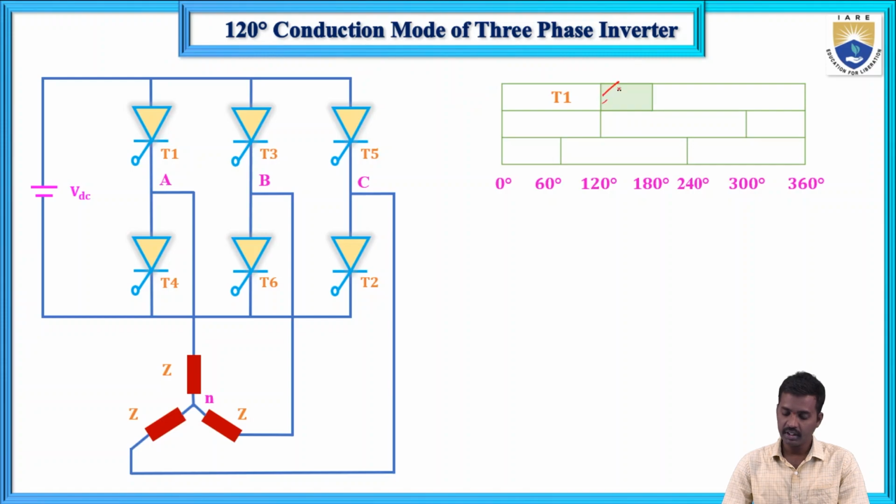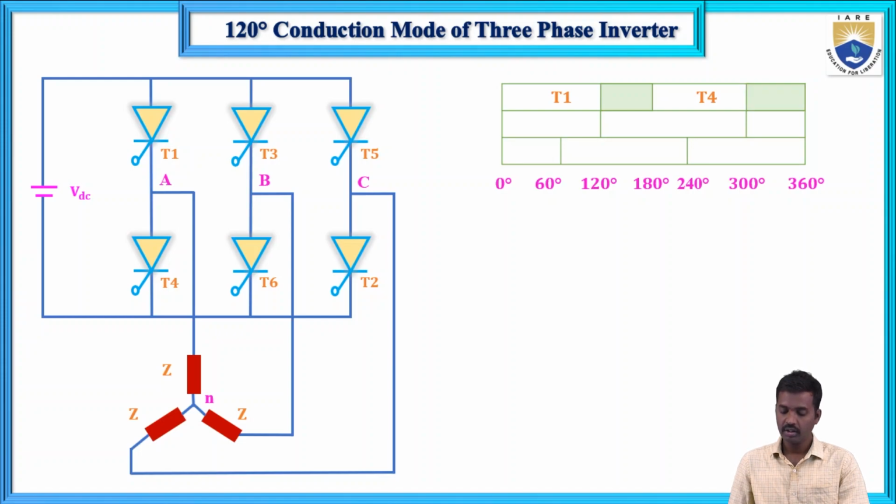The remaining 60 degrees, none of the thyristors will conduct, so this will be vacant. And the next thyristor is T4. T4 will conduct for 120 degrees only. In the remaining duration, no thyristor will conduct.